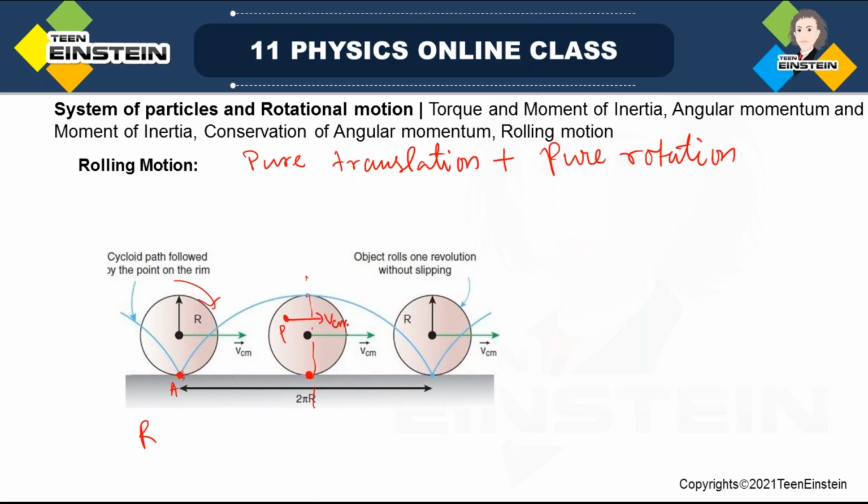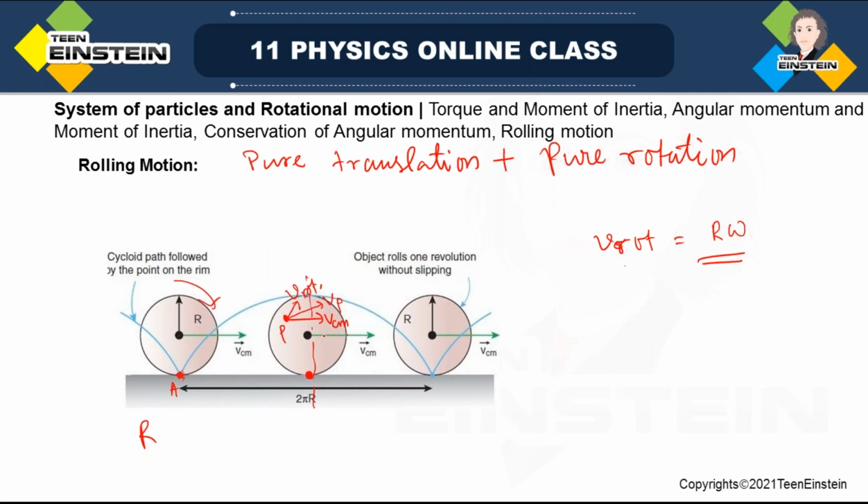One is translation, which is vcm in this direction. Another is rotational motion. The resultant will be this one, vp. This is v rotational, and for pure rotation, without slipping, v rotational is equal to r omega.